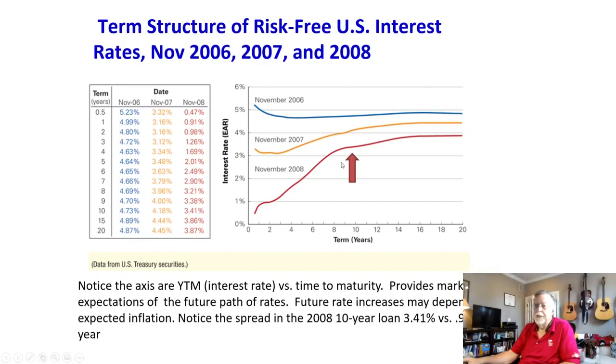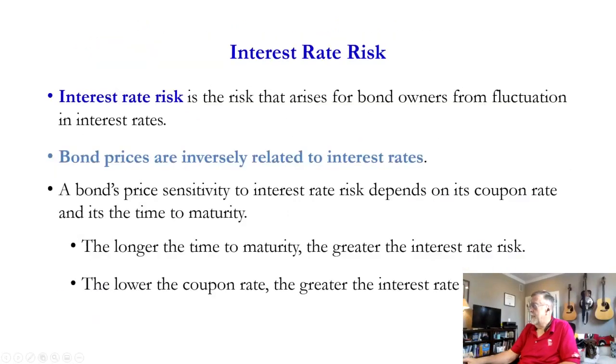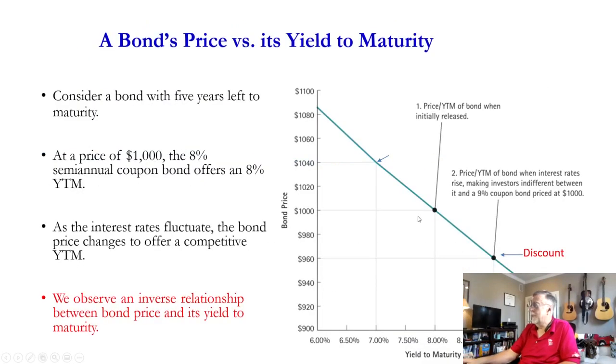Pretty steep curve here. It's important for you to understand mainly this term structure, and that there is an inverse relationship between the length of time and interest rates. As rates go up, the price of the bonds typically goes down, as shown in this curve here, and as rates go down, then bond prices typically go up.